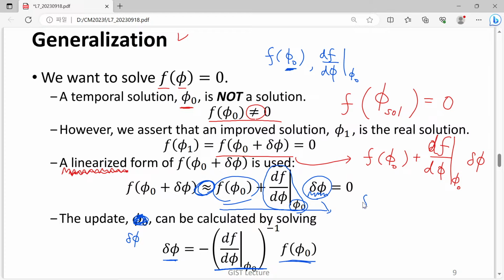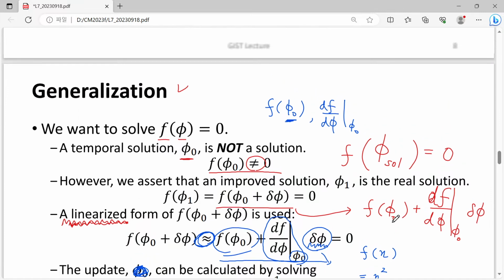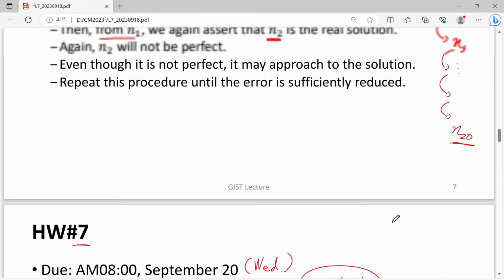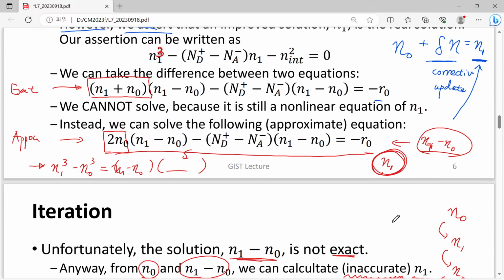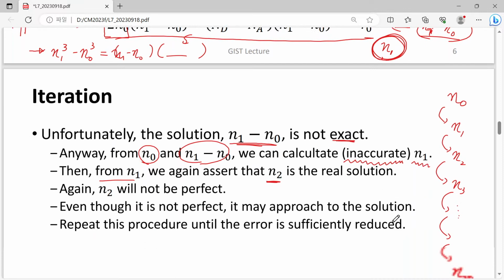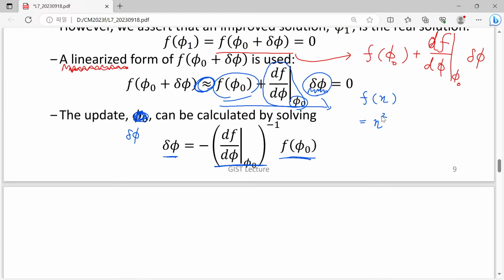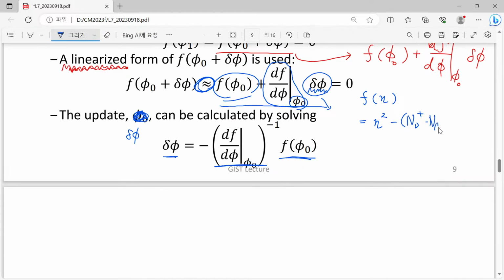In this case, our phi of n can be written as n squared, and what was it? Minus, I'm not quite sure of the sign of the term here. Oh, here we have minus doping density, and plus minus Na, minus n_int squared.